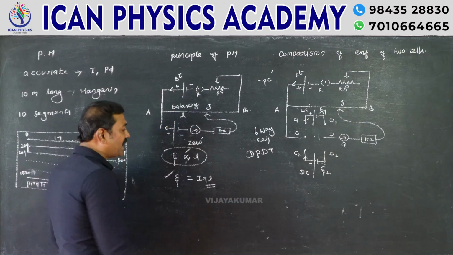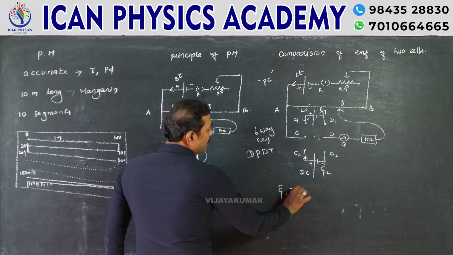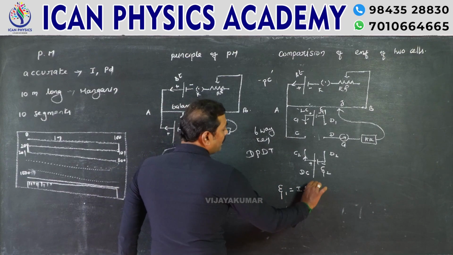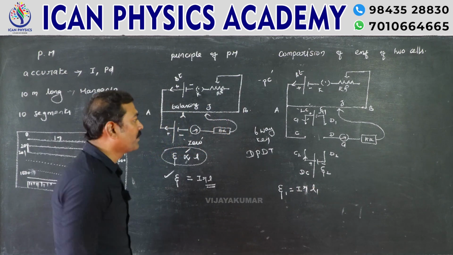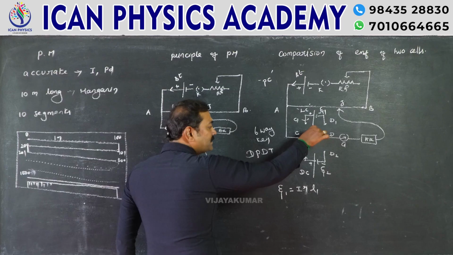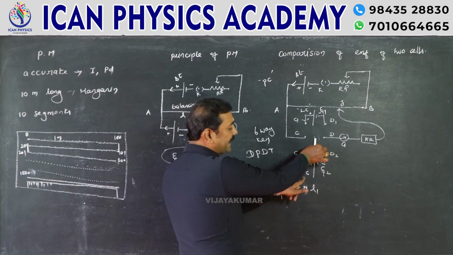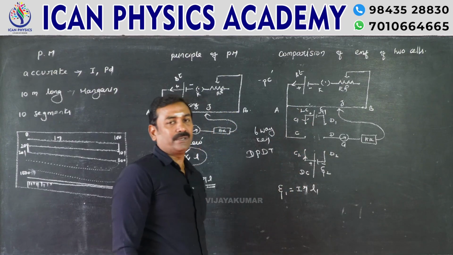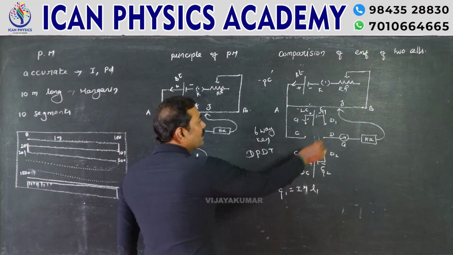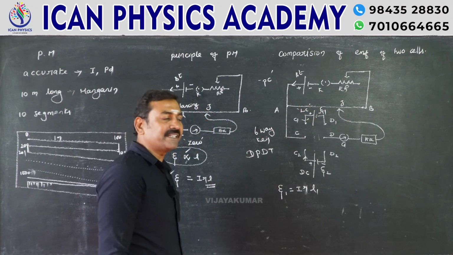So if we rewrite this formula, Psi1 equal to IRL1. Now the knob is turned towards the second cell. Now Daniel cell is included and the Leclanche cell is excluded. Now the jockey is touched nearby A. The galvanometer shows left side deflection.